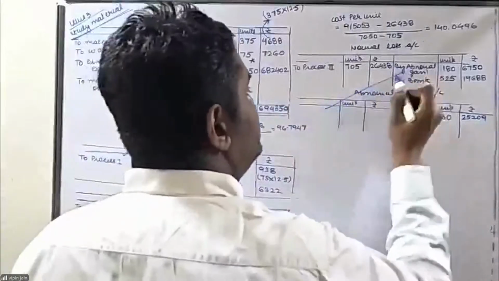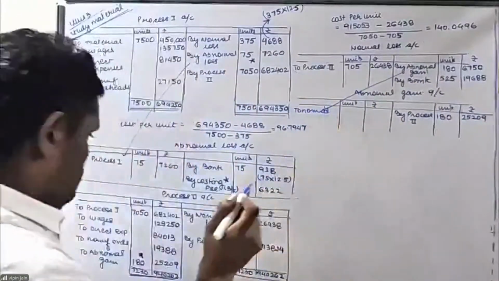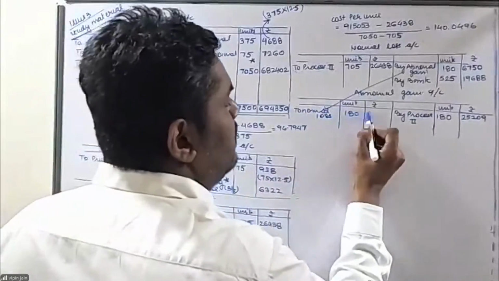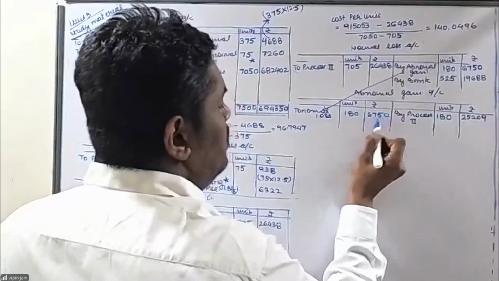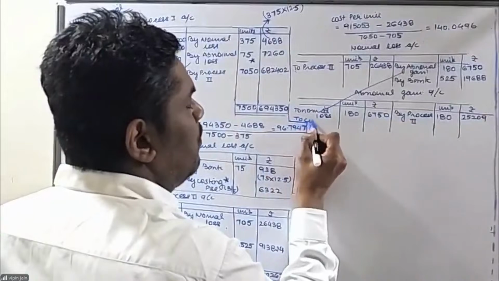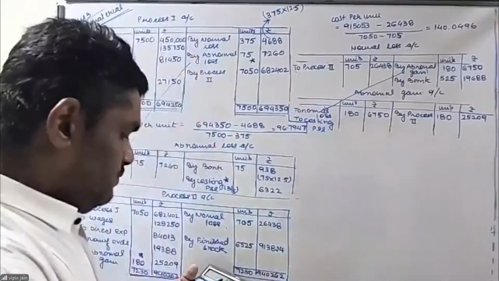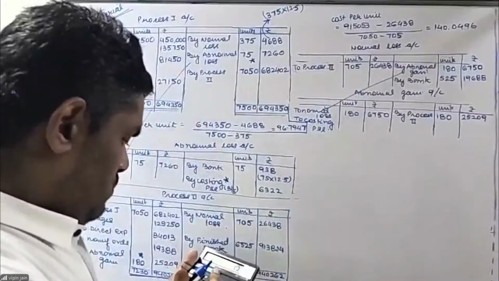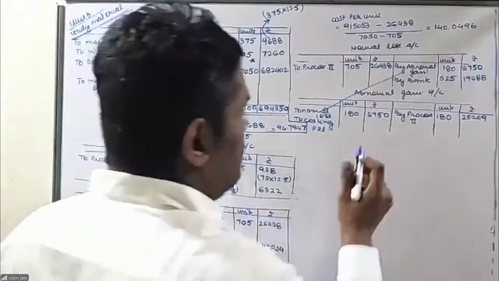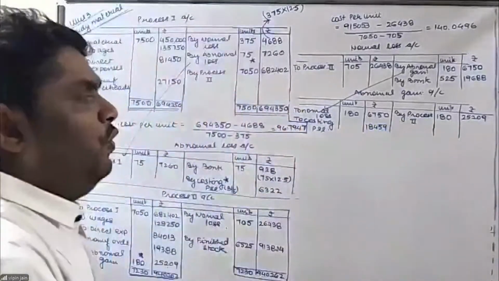Of this, the amount that is transferred from normal loss is 180, 6750. So the balance amount will be transferred from costing P&L, 18459.